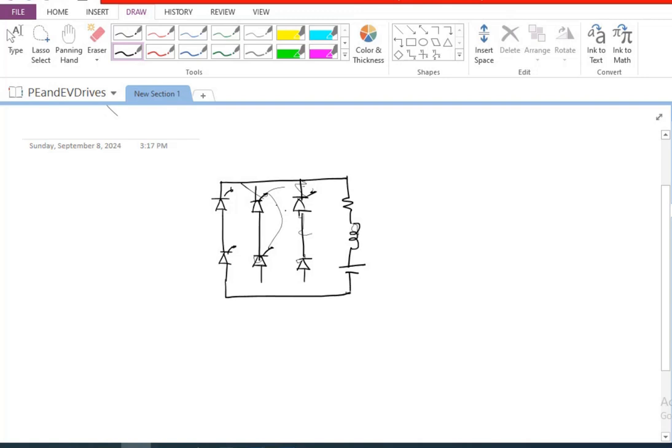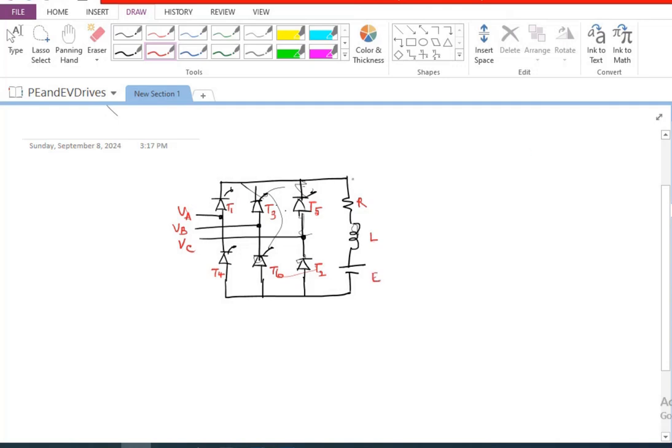This is the kind of load I'm connecting. So I'm going to connect VA here, VB here, and VC here. So let me call this VA, this VB, and this VC, and this is T1, this is T3, and this is T5, and this is T4, this is T6, and this is T2. And let's say this is R, this is L, and this is going to be E.